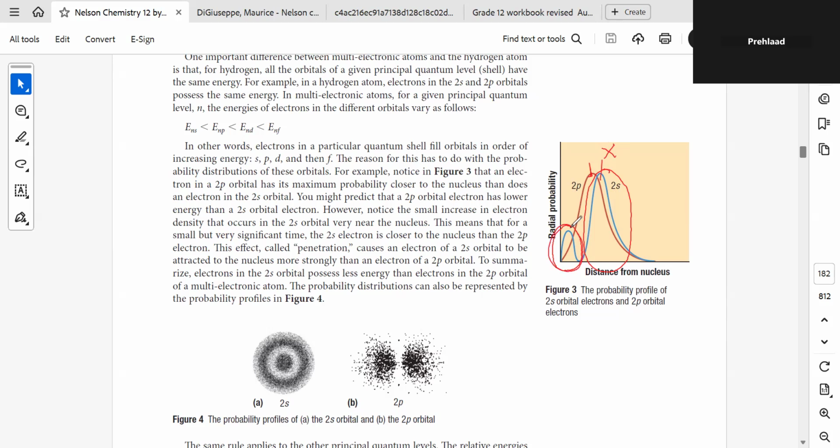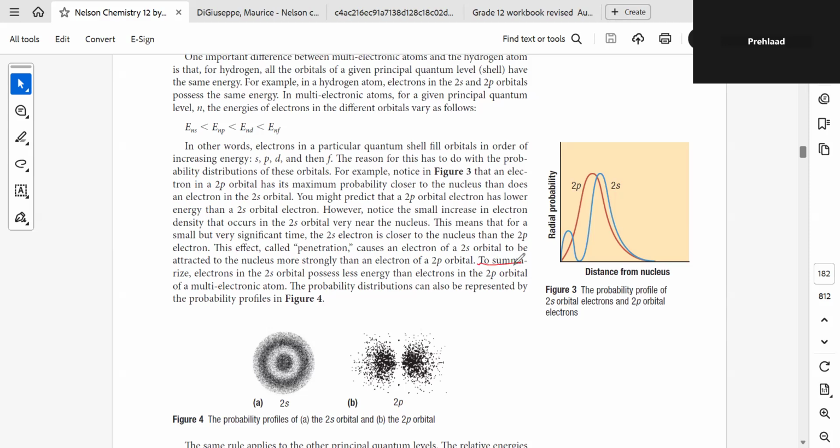This contributes significantly to the energy. If hypothetically we take the average of the two peaks of the 2s, it will come lower than the 2p. Does that make sense?